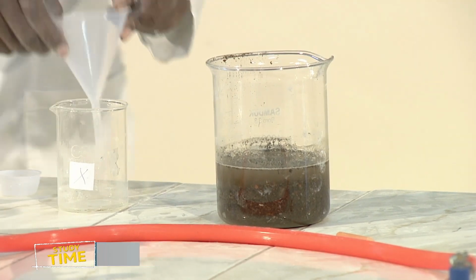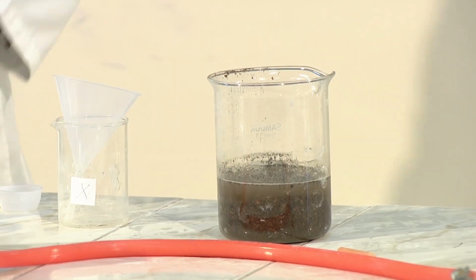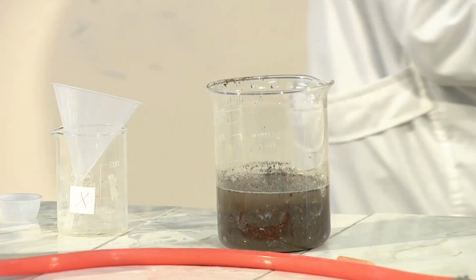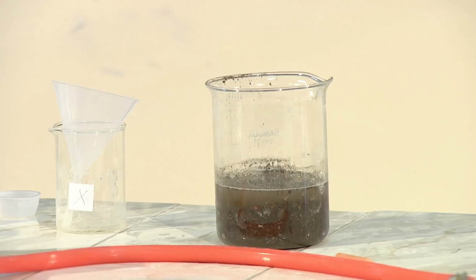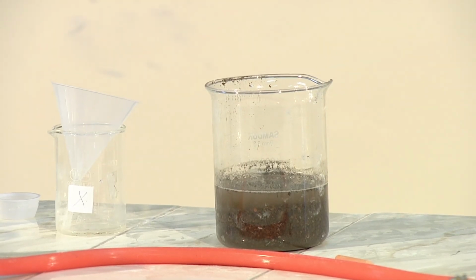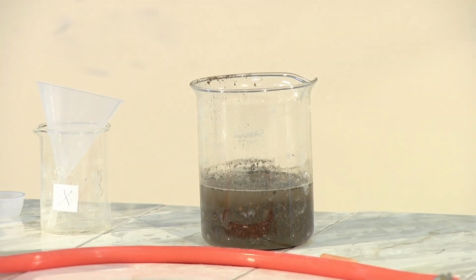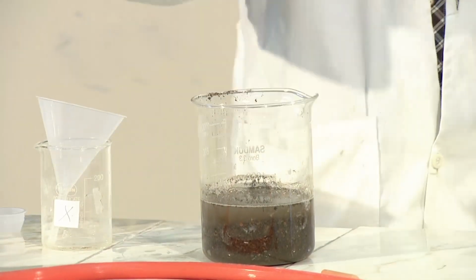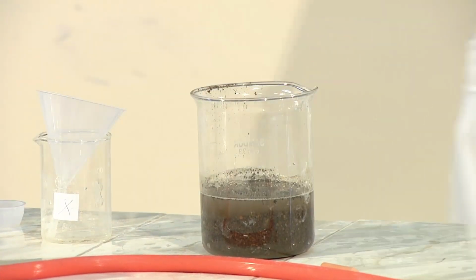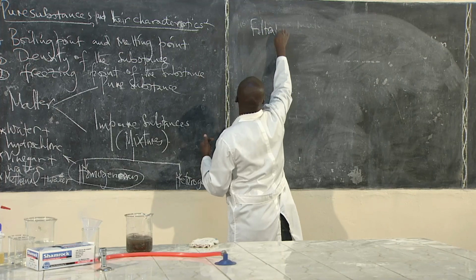It is just a simple one where we have, this is a filter funnel, and you can use a filter paper like this, or even at home, if you have a mixture, maybe water which looks muddy, then you can use the method which is filtration.